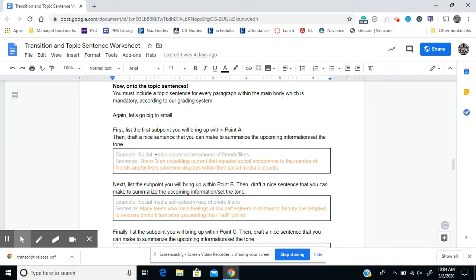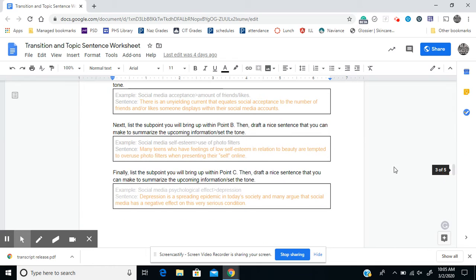So for social media acceptance, I'm going to first start talking about the amount of friends and likes. So I have my sentence. There is an unyielding current that equates social acceptance to the number of friends and or likes someone displays within their social media accounts. So that's a strong sentence I wrote that revolves around social media acceptance and the first concept I'm going to talk about within.